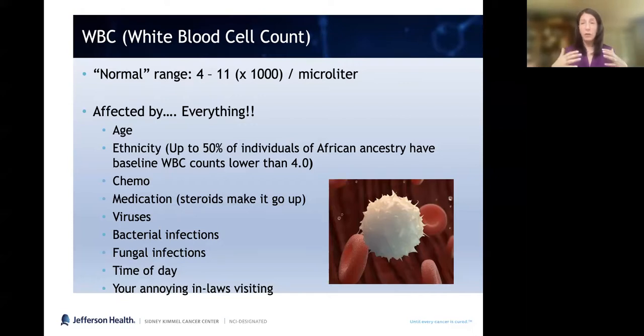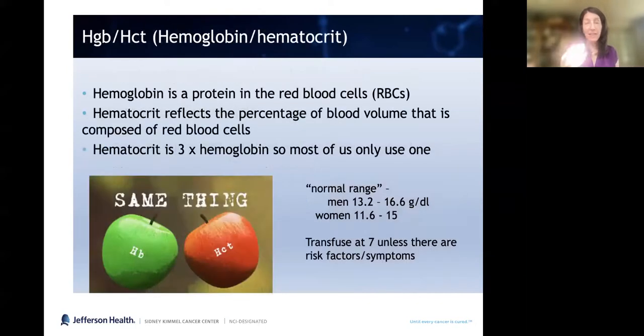And so what you want to do, like with everything here, is get the normal that you're looking for from your hematologist and focus there. And know that it's not just this number that's important, right? But all of the variables that go into it. And so there, like I said, there are people who went through leukemia treatment and whose white count settles at 2.5, and that is their normal, and that's fine. And then there's hemoglobin and hematocrit.